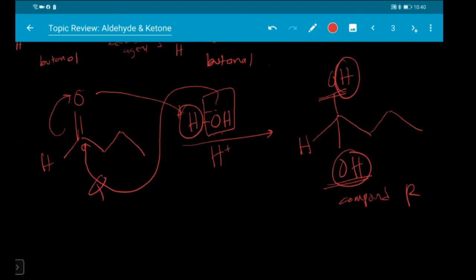Okay, so guys, we are adding the water. So rasa-rasanya nama apa yang sesuai ni, tindak balas ni? We adding the water. The best name for this mechanism is nucleophilic addition, correct?